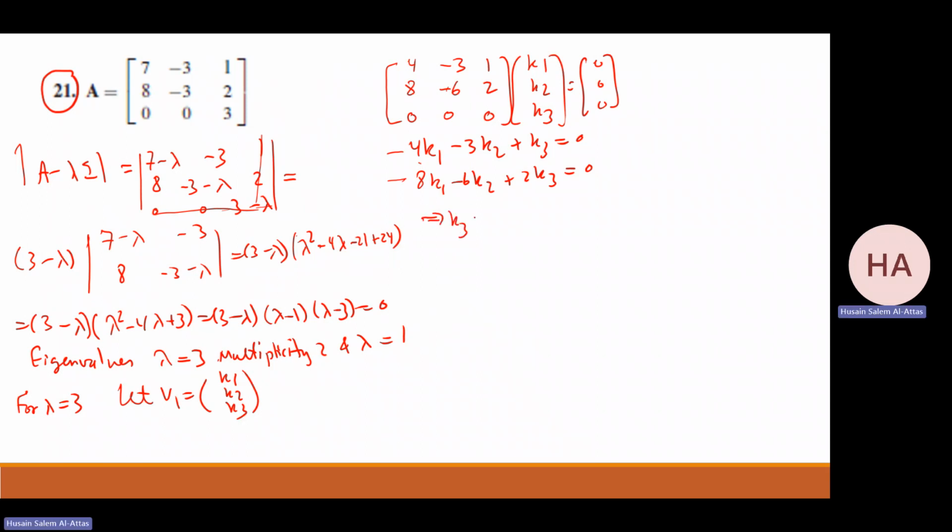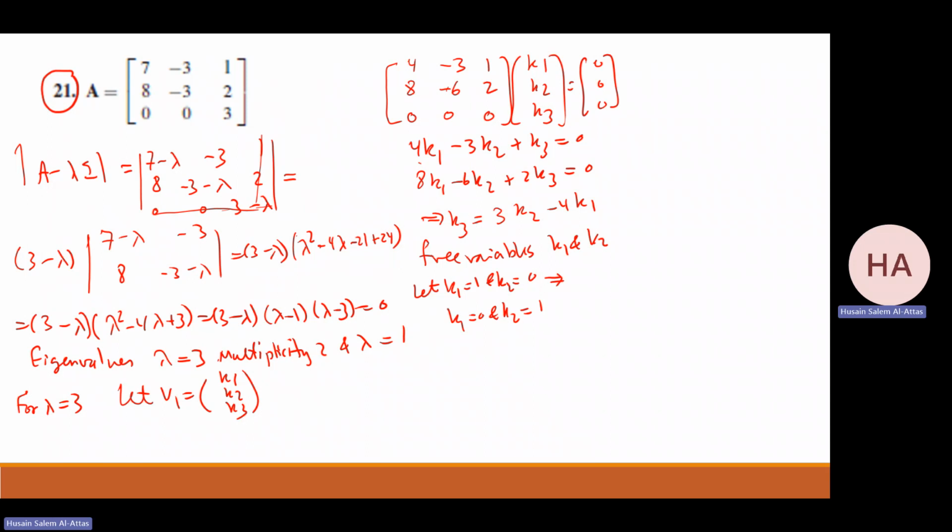So I will say k3 will be equal to 3k2 minus 4k1. Okay, so my free variables are k1 and k2. So do this trick: let k1 equal 1 and k2 equal 0, and k1 equal 0 and k2 equal 1.